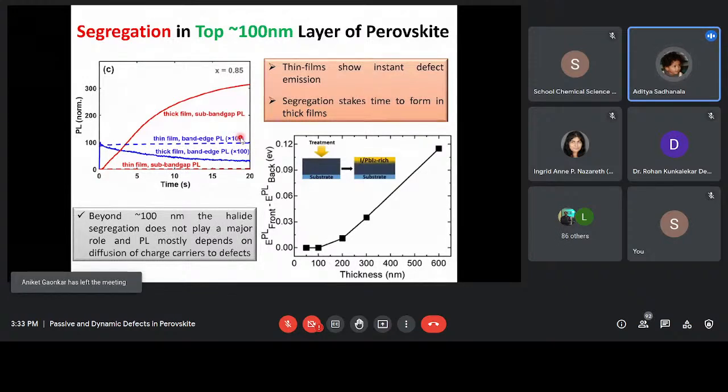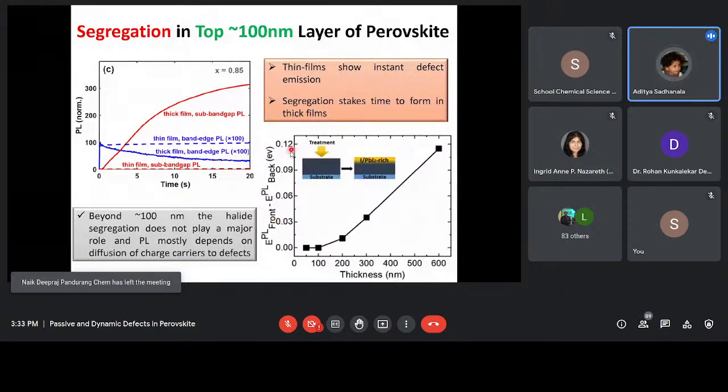But if you make your sample very thick, you have very high absorption on the front surface and very little at the back surface. If you excite from one side, you will see that the emission of the sub-band gap defect increases with time and then saturates, whereas the emission from the main emission peak reduces slowly. This is what you observe. The same thing is observed here.